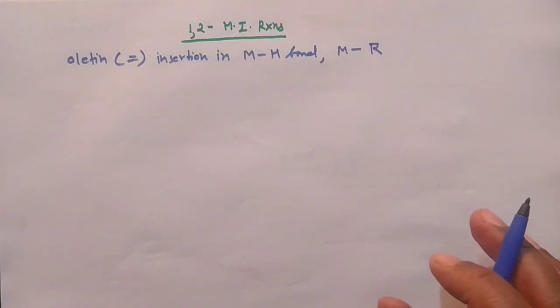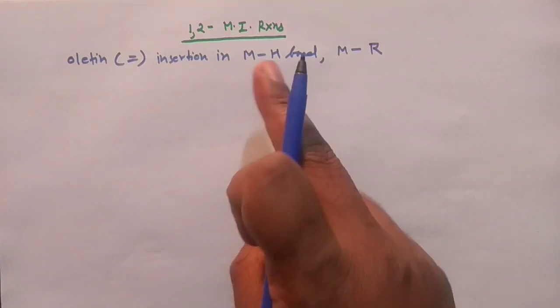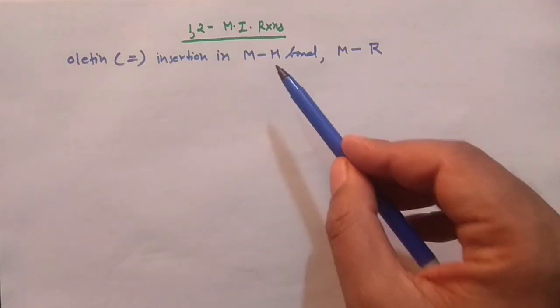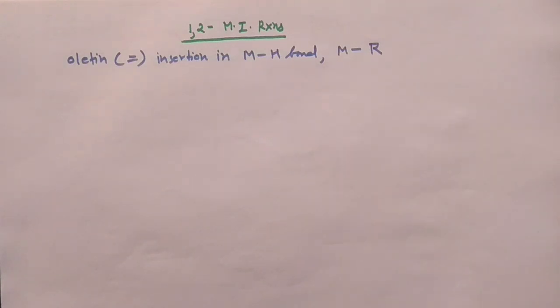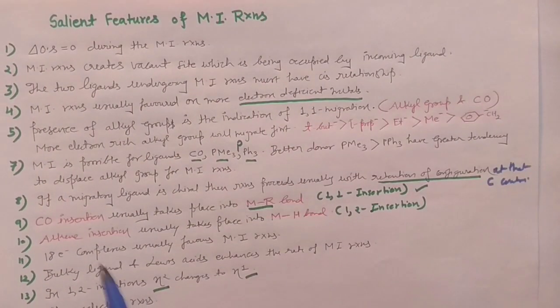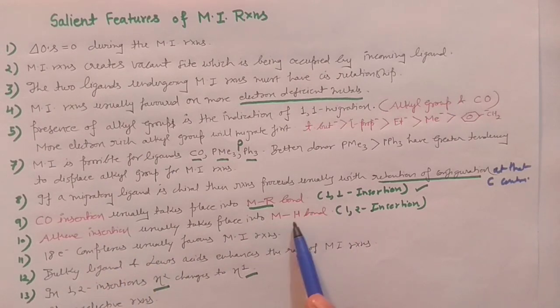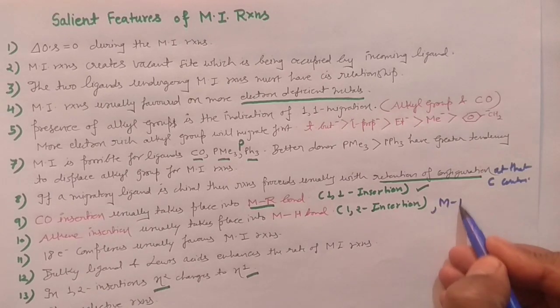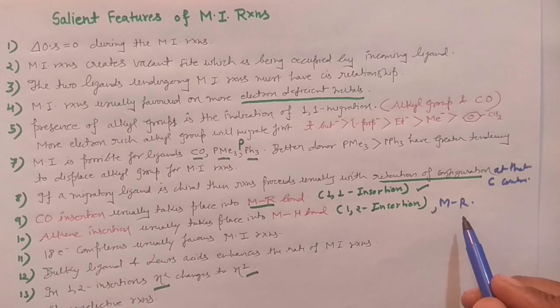However, in some textbooks it is written that olefin insertion is the insertion of alkene between the MH bond, but not in the MR bond. But it is not like that. CO insertion is in the MR bond and alkene insertion is in the MH bond, but not always in the MH bond. It may also take place in the MR bond, but it is most feasible in the MH bond, though it can also occur in the MR bond.